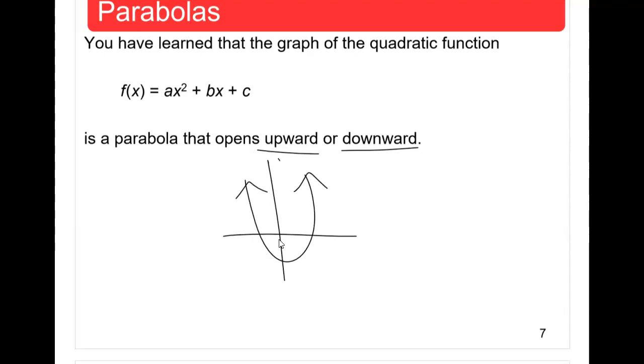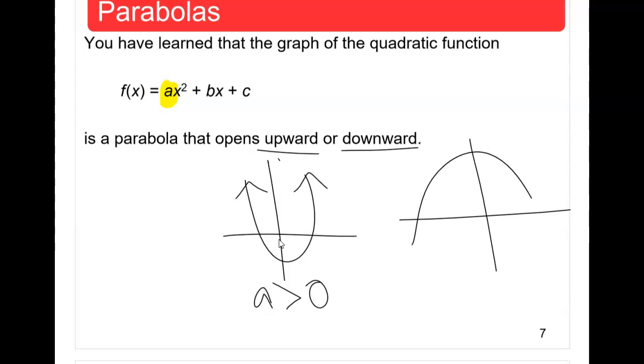It opens up, and that happened whenever the coefficient for the x squared was greater than 0. And the parabola opened downward if the lead coefficient was less than 0. And of course, you also knew that a couldn't equal 0 because then you wouldn't have a parabola.